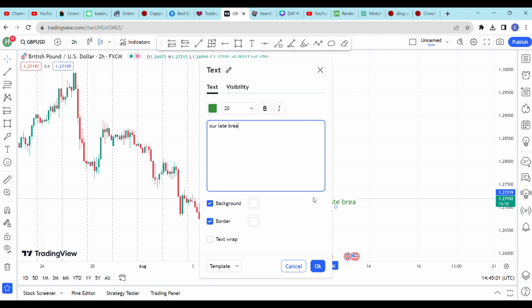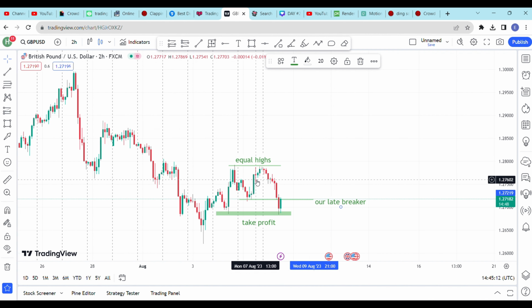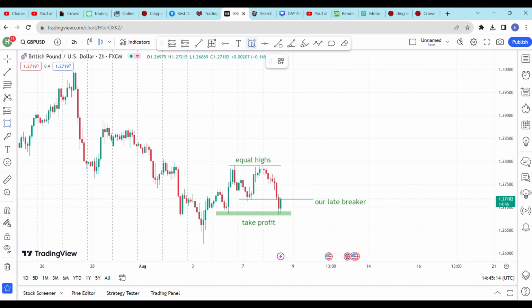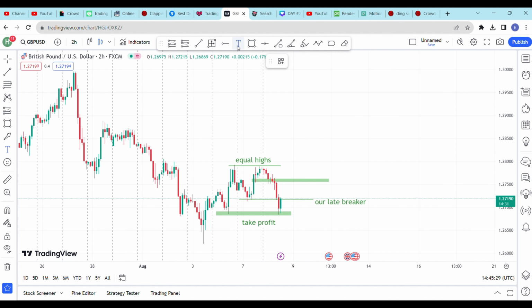As you can see, I am marking an area of taking profit. I have take profit, and I've also marked a breaker. Something about this breaker is that I thought it was going to be the ideal breaker, but it's not ideal, because the high of the breaker was not taken out.